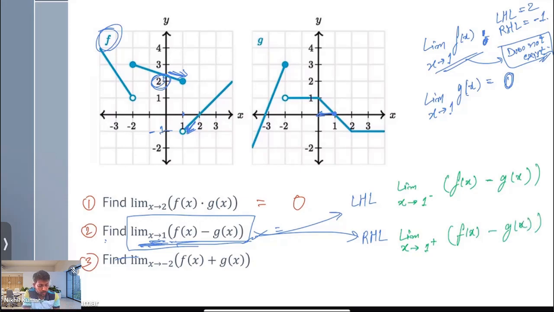Using the property, I can always split it like this. This can be written as limit f of x minus limit g of x.